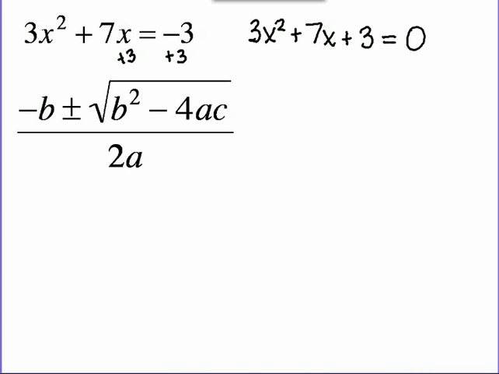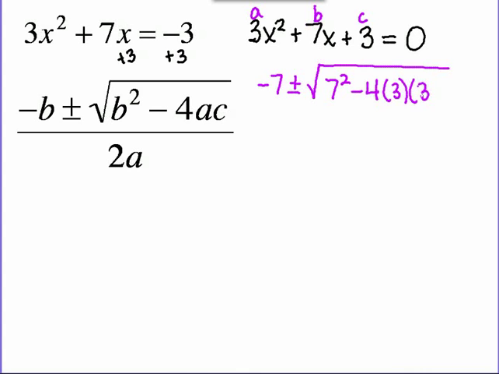Okay, so now let's go ahead and here's A, here's B, and here's C. So first of all, negative B will be negative 7 plus or minus the square root of B squared, which will be 7 squared, minus 4 times A times C, all divided by 2 times A. So I'm left with negative 7 plus or minus square root.